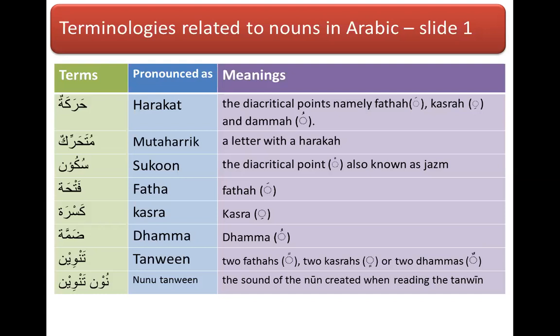Now whichever letter has any of these haraka, then that letter is called as mutaharrik. When any letter doesn't have any of these harakat, then there is a sukoon, which is used as a stopping sign on that letter, which is also called as jazm.